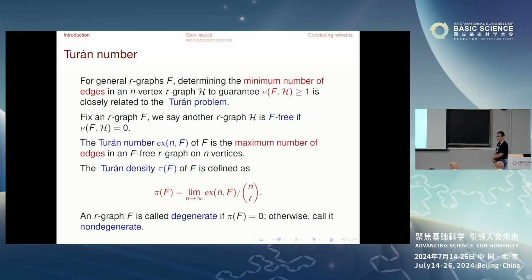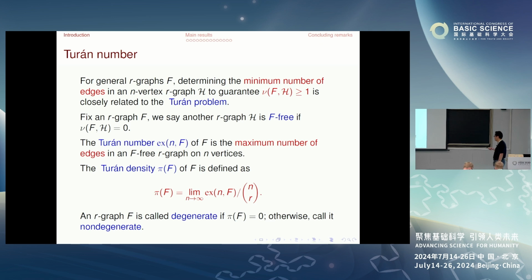Next, I should talk about Turán numbers. For an r-graph F, we say another r-graph H is F-free if H doesn't contain any subgraph isomorphic to F. And the Turán number of F, denoted by ex(n, F), is the maximum number of edges in an F-free r-graph on n vertices.